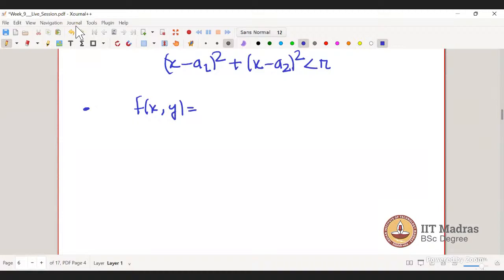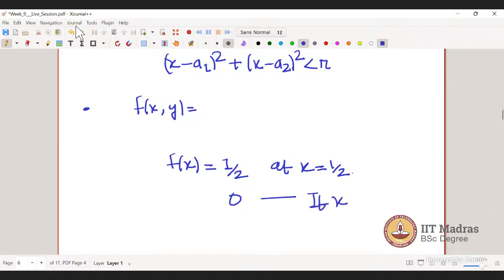If I take this function, say it's half at half and 0 for other points, what will be the derivative of this function at half?